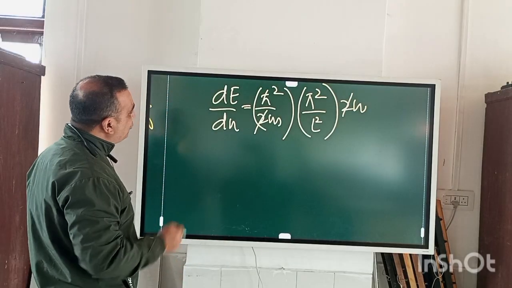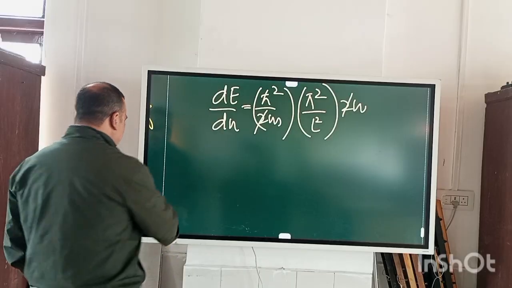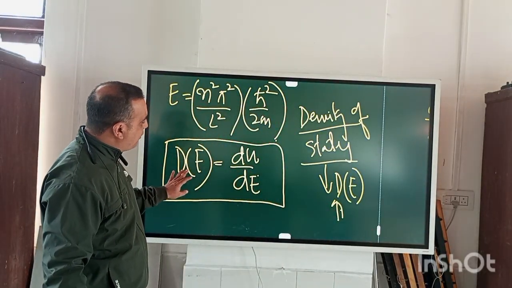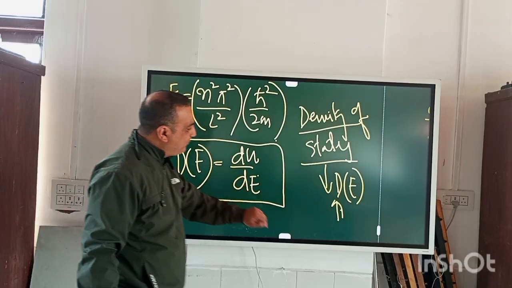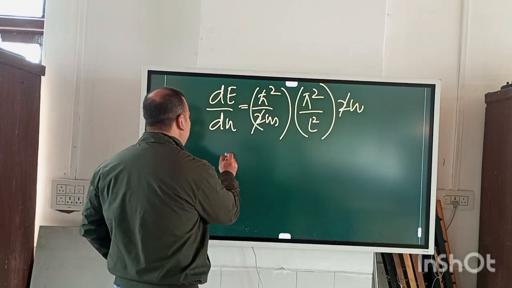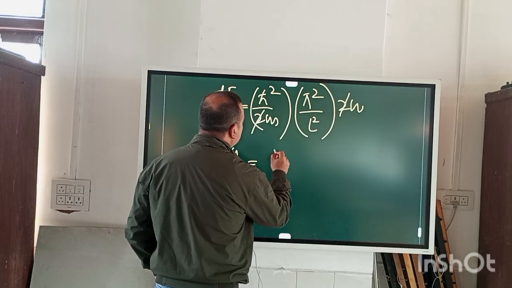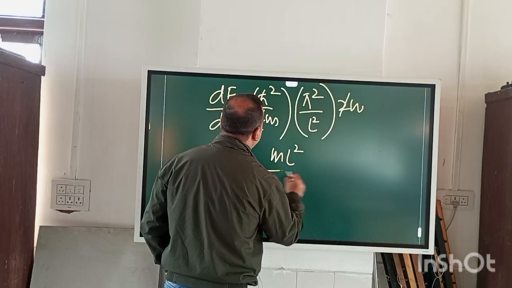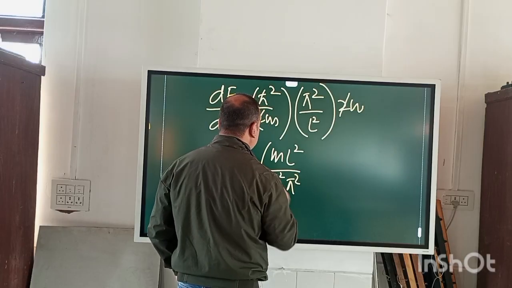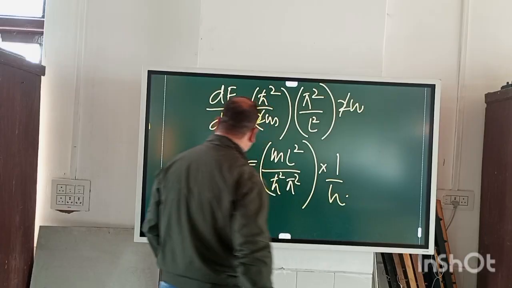So to calculate the density of states, I have to take the reciprocal of this equation, because I have defined the density of states for this one-dimensional problem as dN by dE. So to obtain dN by dE, I will take the reciprocal. That's going to be equal to mL square by h bar square pi square times 1 by n.